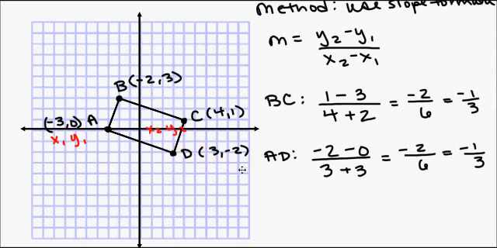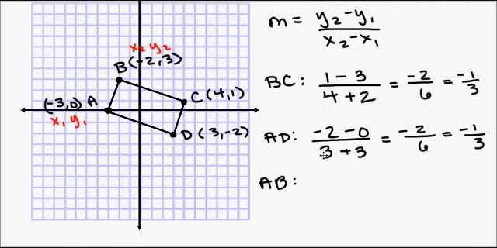Let's check on our other pair of opposite sides. So AB, my slope is going to be 3 minus 0, so y2 minus y1 over x2 minus x1. And this simplifies to 3 over -2 plus 3 is 1. I'm going to leave this as 3 over 1.